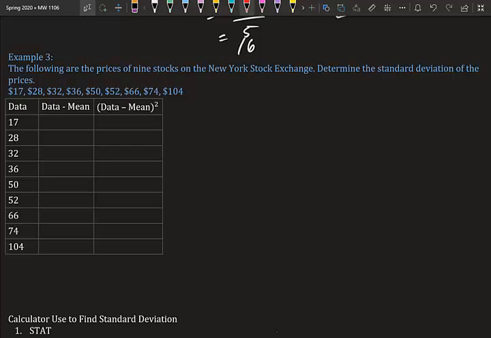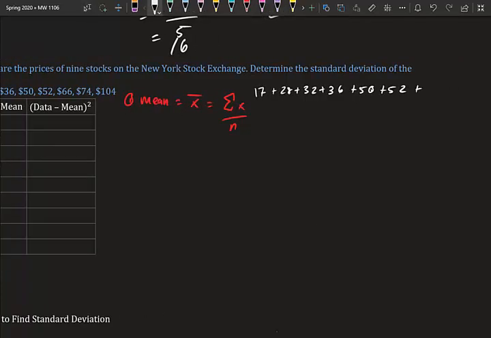So our first step is to find the mean. Remember, that means bar x, and that's that fancy formula of summation of x over n. So all that means is just add up all your numbers and divide by how many numbers you have. So we have 17 plus 28 plus 32 plus 36 plus 50 plus 52 plus 66 plus 74 plus 104.